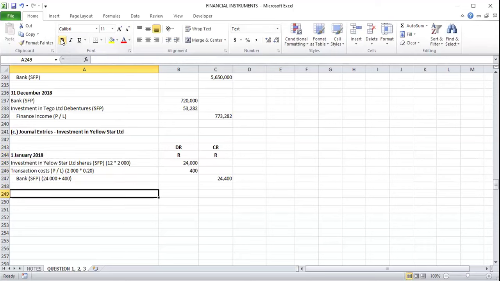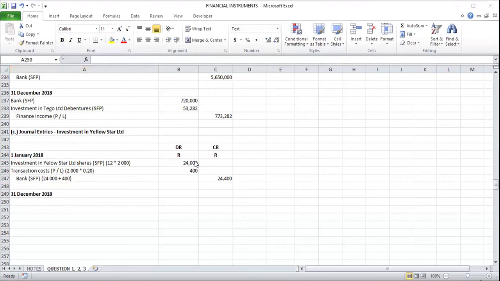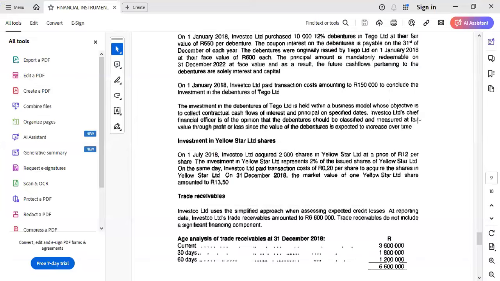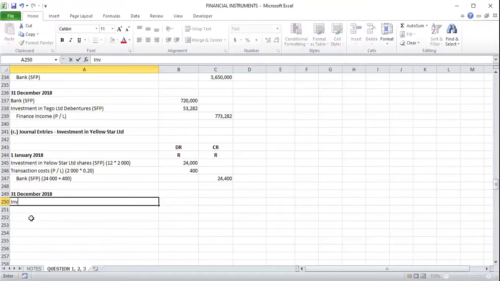Then on 31 December 2018, we recognize the movement in fair value. The shares have gone up in value from the 12 rand that we bought them. They are now at 13.50. Now, if shares increase, we increase our investment. So we debit the investment in Yellow Star Limited shares.